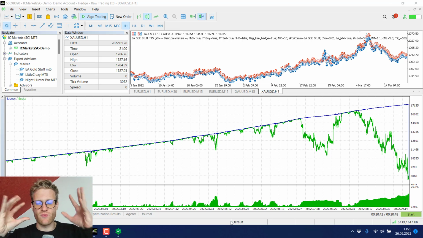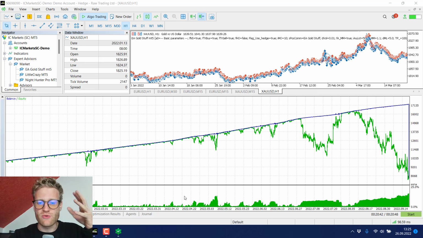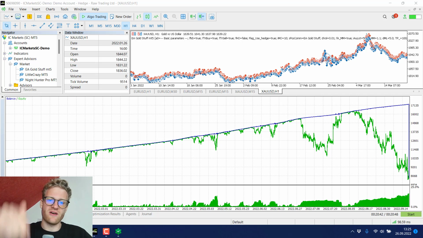So this is the big risk for these systems, but I'm pretty sure if you reduce the risk even more, you might be able to trade this system for 10 years without seeing this worst case event. But of course, if you reduce the risk, on the other hand, you will not have the same big positive results.